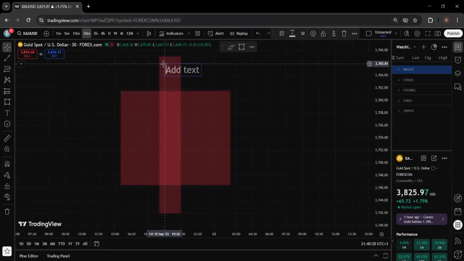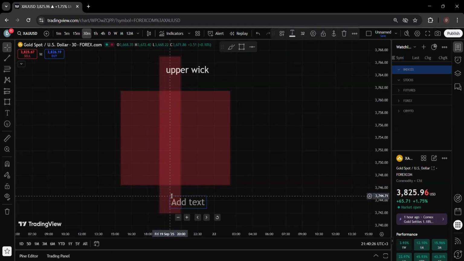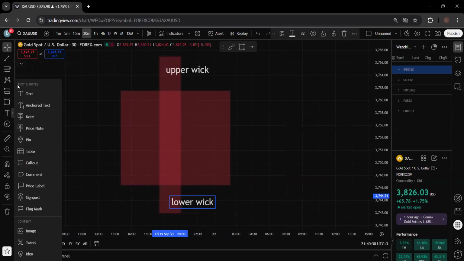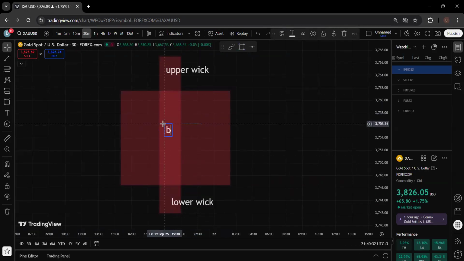We have the upper wick and the lower wick. Then the other, we have the body of the candlestick. Those are the three major parts: the upper wick, the body, and the lower wick.